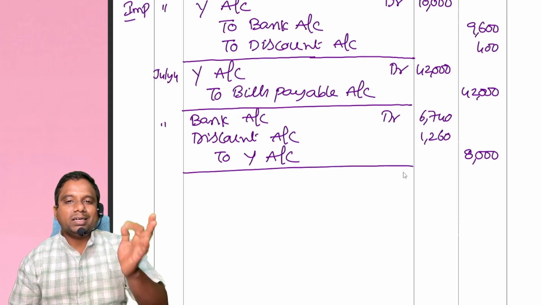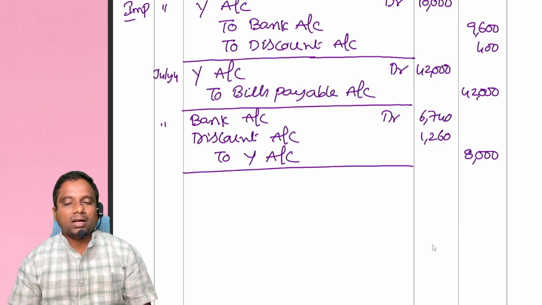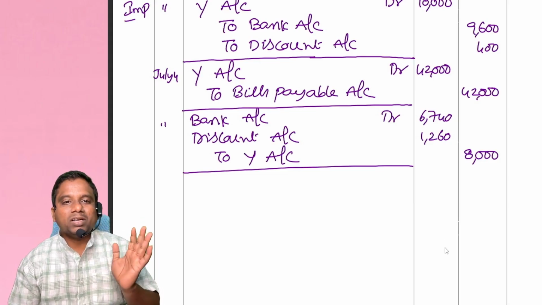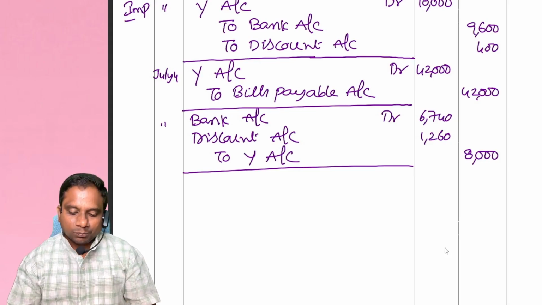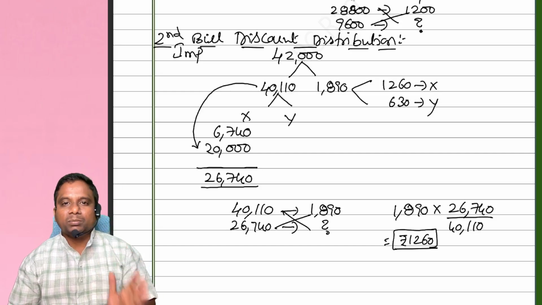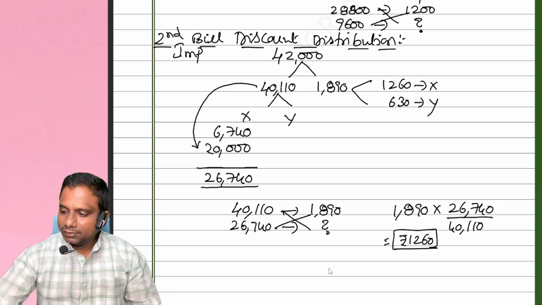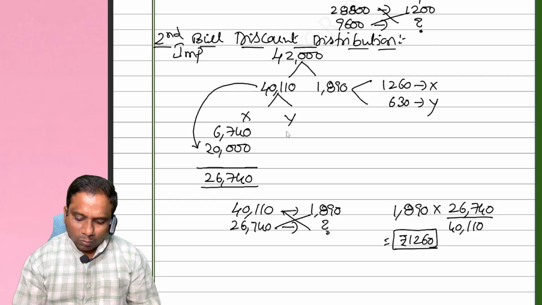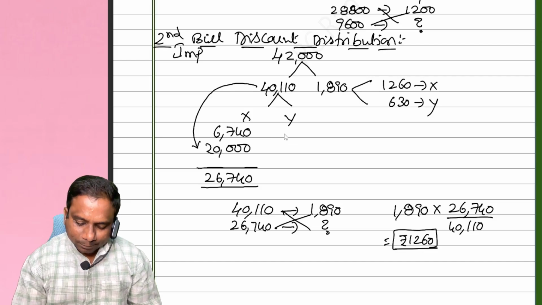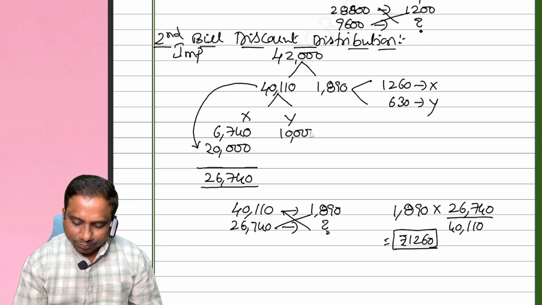Story not yet complete. Why? Because the second bill is accepted by whom? X. Who has to honor the second bill? X. X will honor the second bill when Y remits. How much amount should Y remit? Tell me. How much amount is utilized by Y? First bill 10,000.